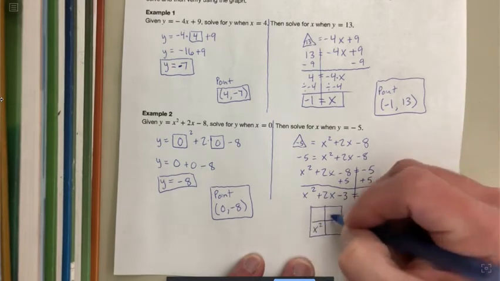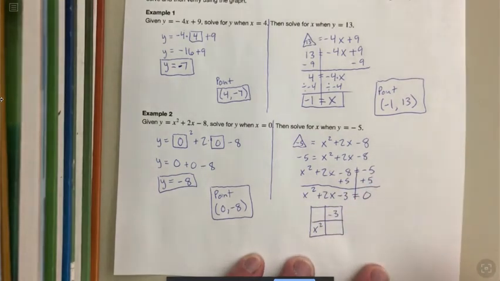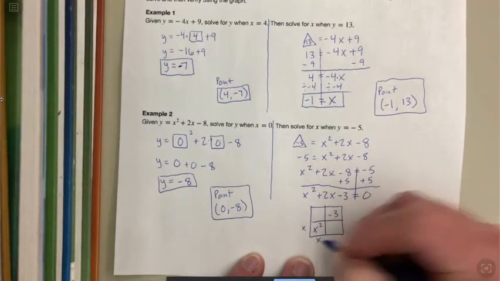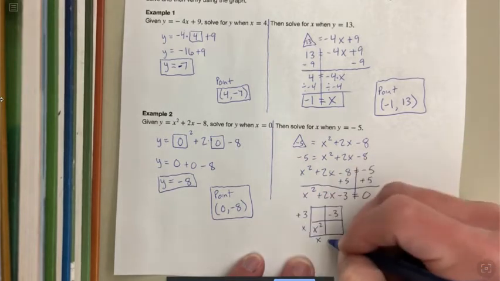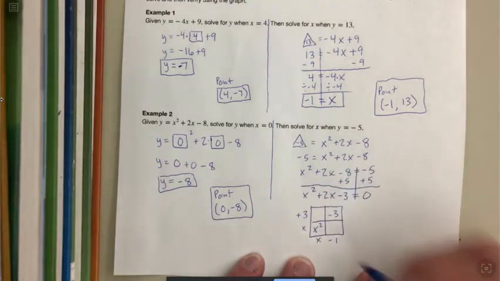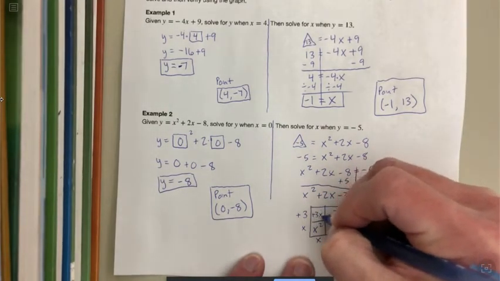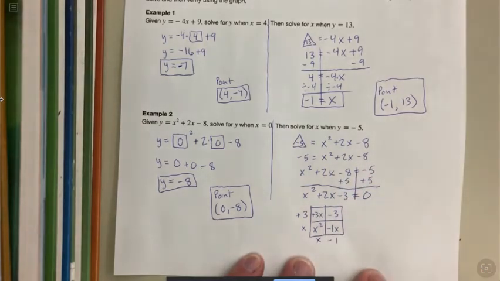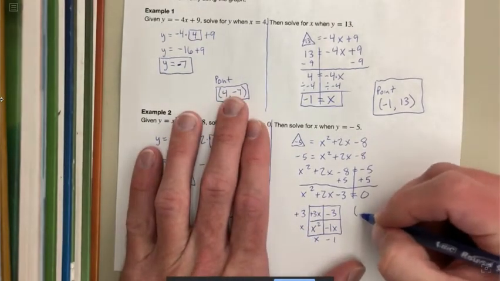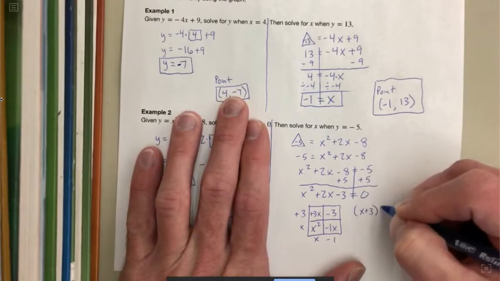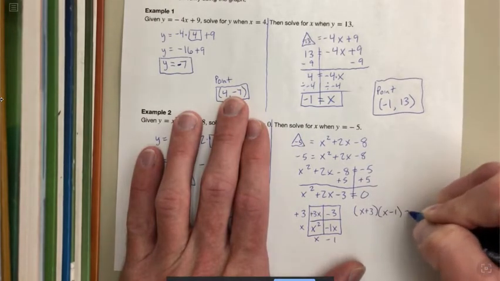Get x squared, -3. And for this one, I'm just going to tell you what the factors are. We're going to have x and x, and we're going to have +3 and -1, because that's going to be a +3x, and that's going to be a -1x. So feel free to verify, but these two factors will work. And so now what I have is x + 3 times x - 1 equals 0.